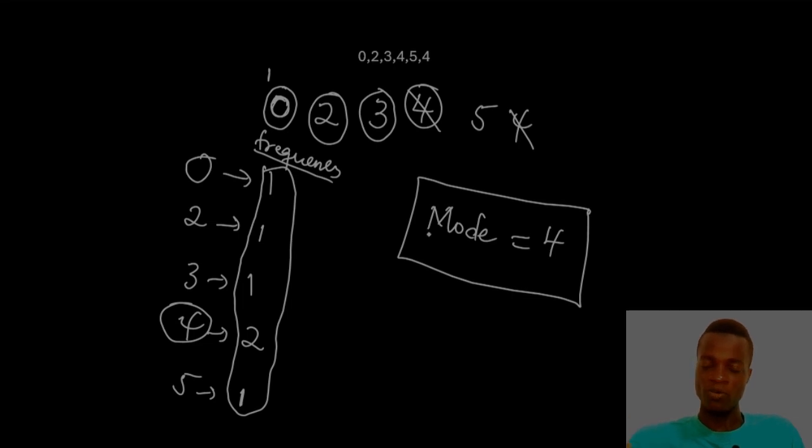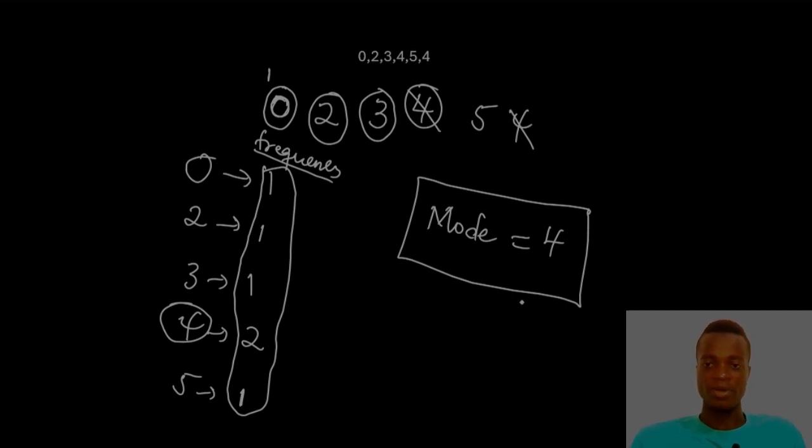The number of counts is called frequency. By locating the highest count, you can identify the item associated with it, and that item is the mode, not the frequency. So let's keep that in mind.